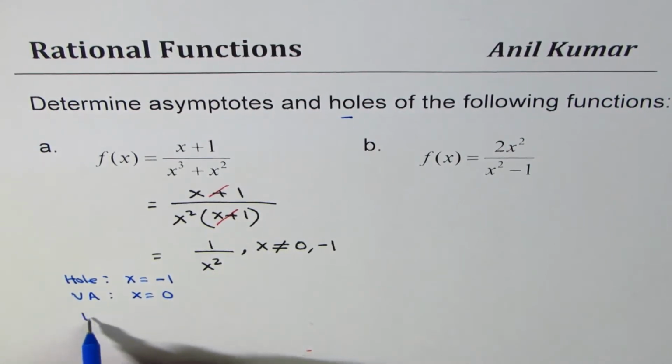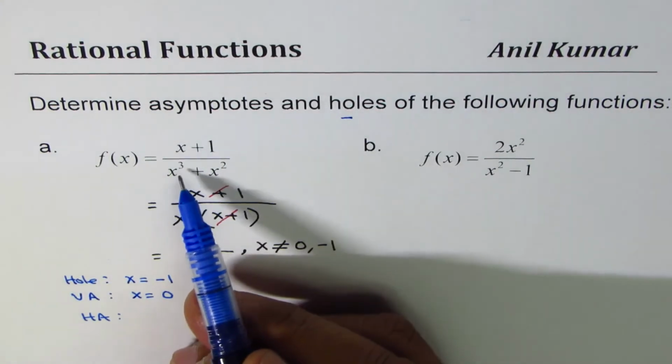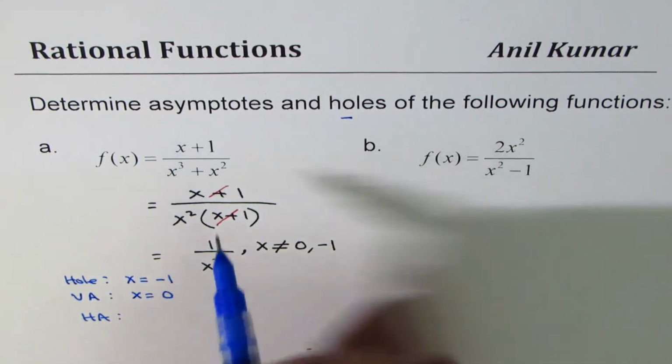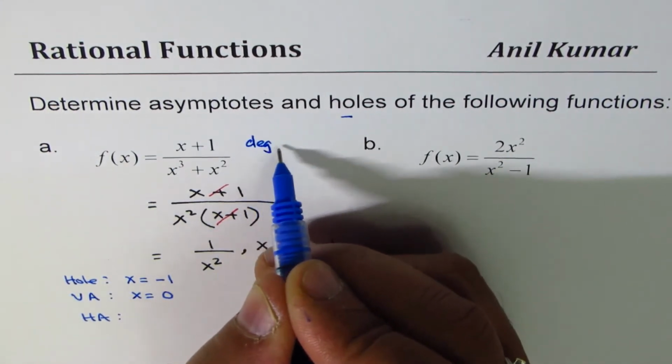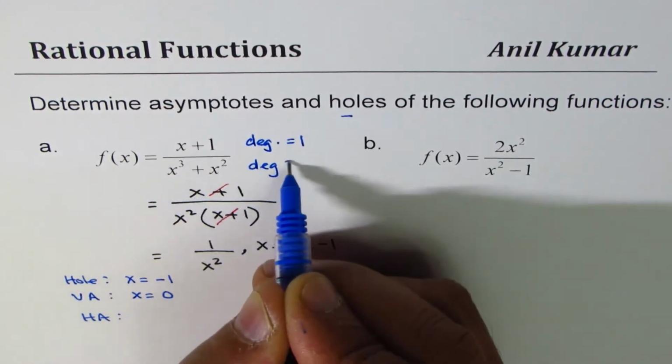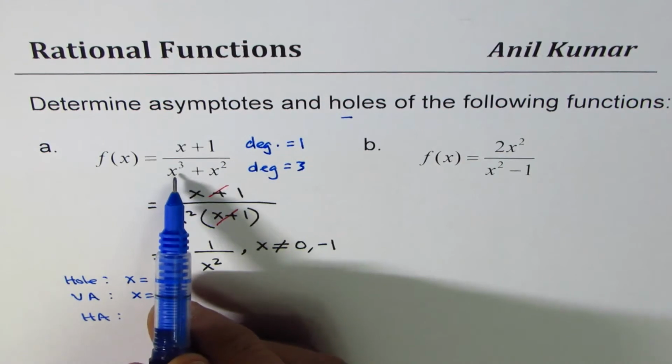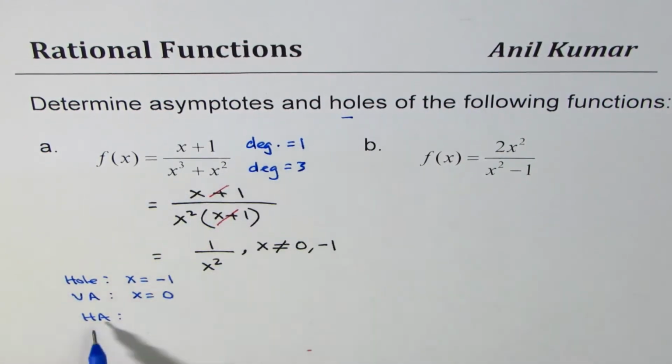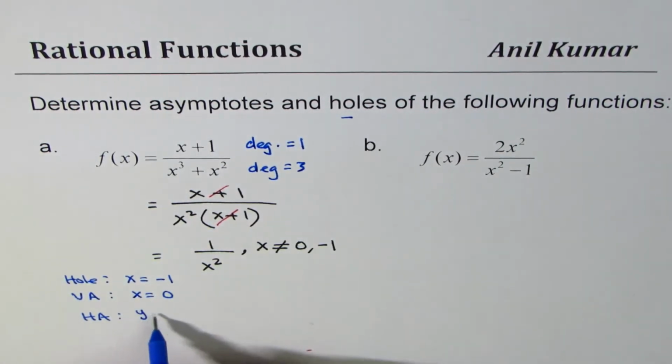Now how do you find the horizontal asymptote? This you find with the degree. Degree of numerator is 1, right? Degree of denominator is 3. Now since the denominator degree is higher, the horizontal asymptote is at y equals 0. That is the x-axis.